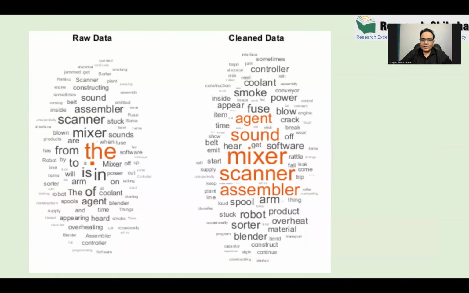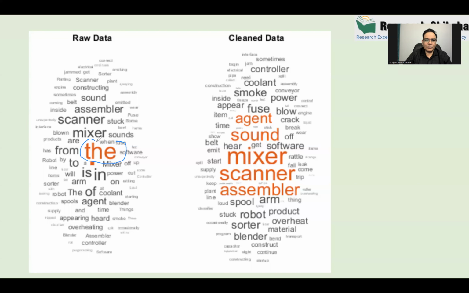Okay. Now in this slide, there are two word clouds. The first word cloud is the raw data, and the second cloud is the clean data. If I ask you to differentiate the two graphs, you can see the word "the".